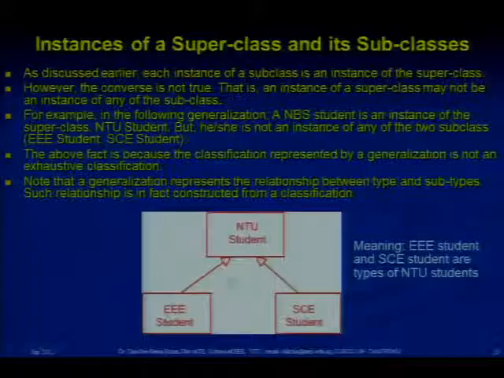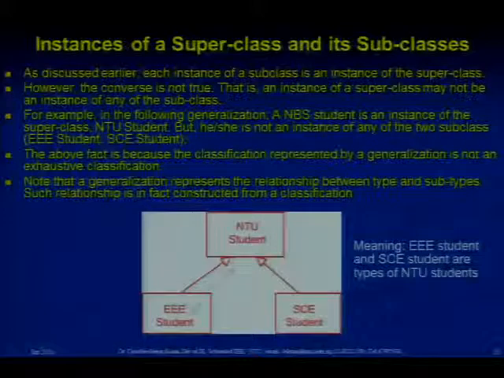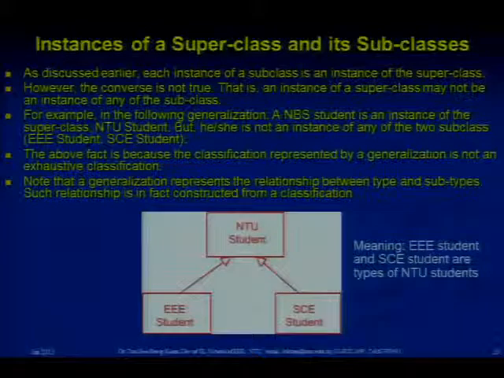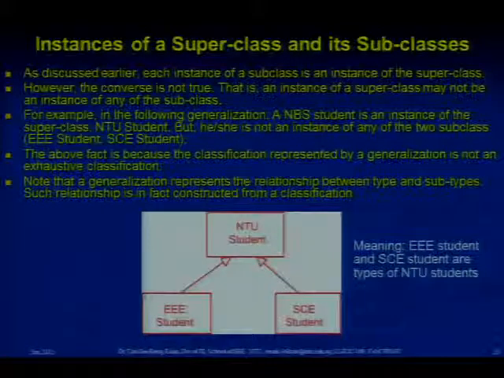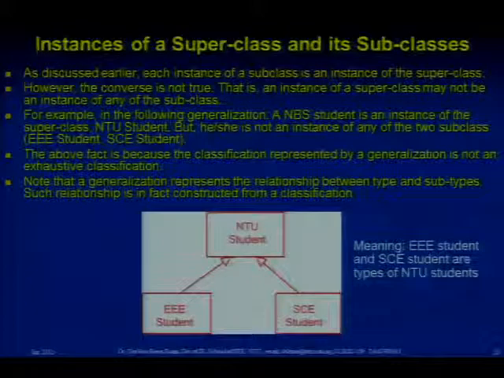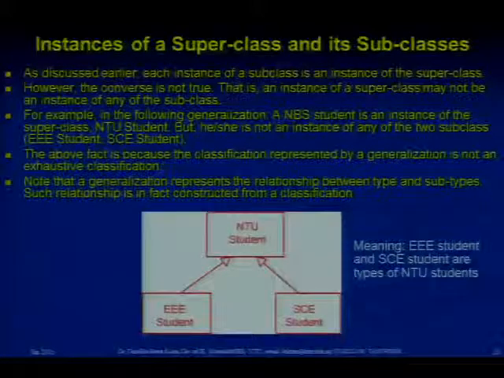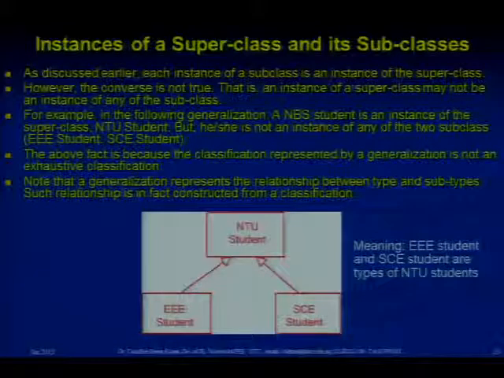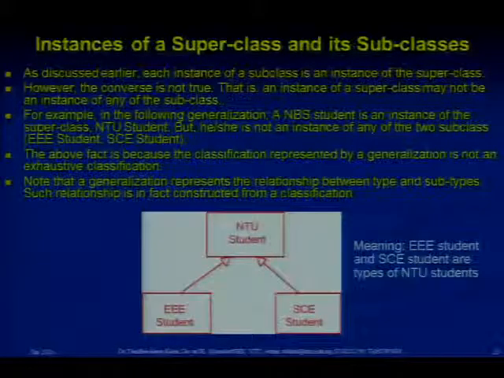So an EE student is an NTU student, and we refer to only one single object, the EE student. So it does not involve different objects. We always refer to a single object in generalizations. So these are their basic properties.